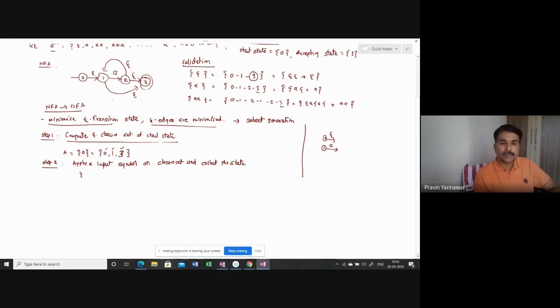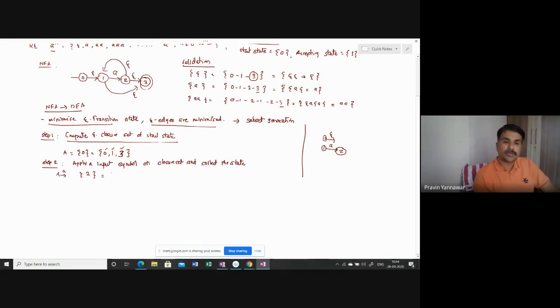On 1 it is A, and 1 is leading to state 2. So if I apply A on set A, meaning out of the states present in A, I am searching for a state on which A is applied, and the answer is 2 only.